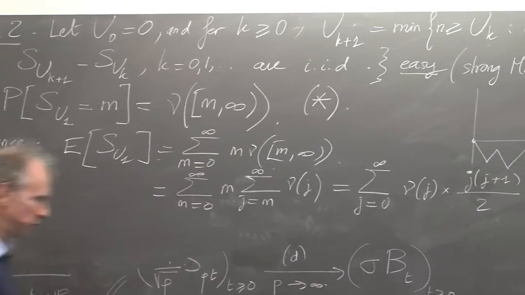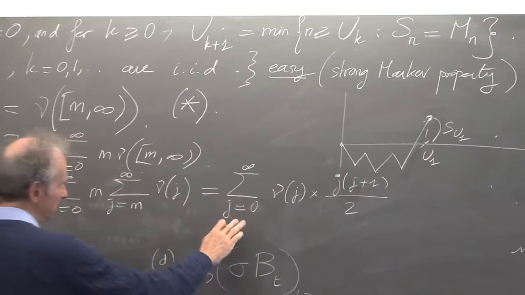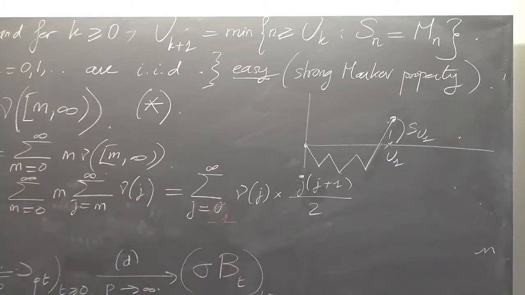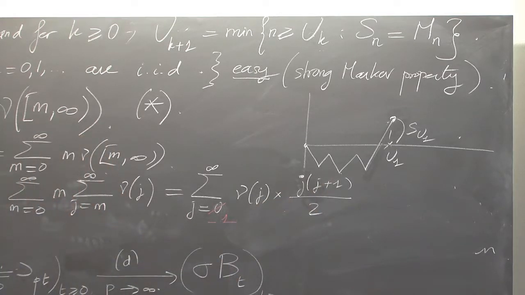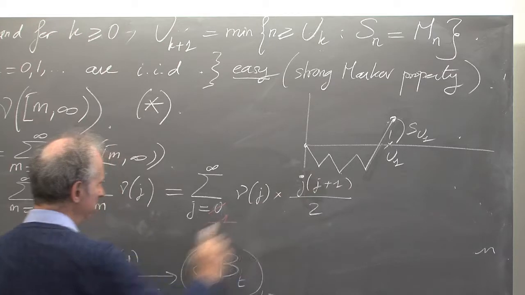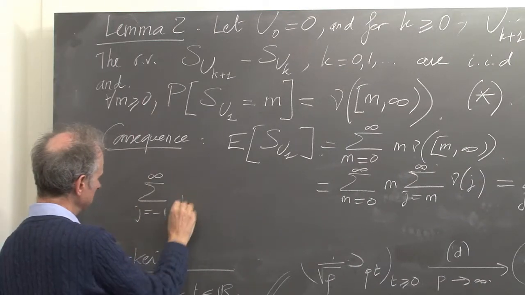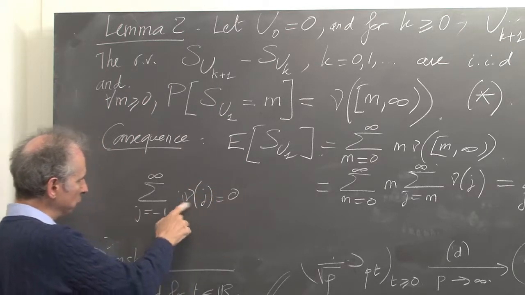And now there is a small trick, which is to say, instead of summing from j equals 0, I'm going to sum from j equals minus 1 to infinity. And of course, this does not change anything, because if j equals minus 1, this term is 0. Now I separate the two terms, but I know that the sum of j nu of j is equal to 0, because I told you that nu is centered.